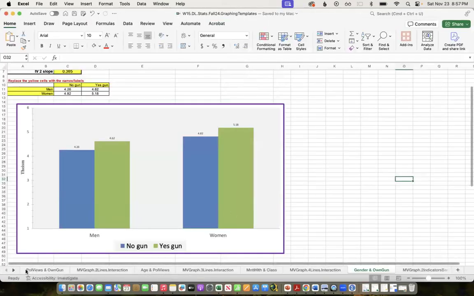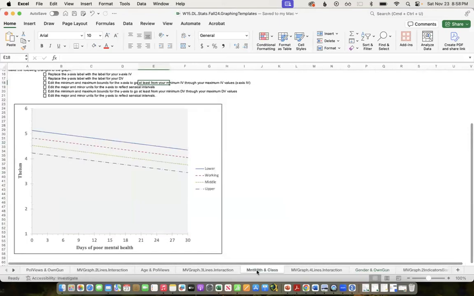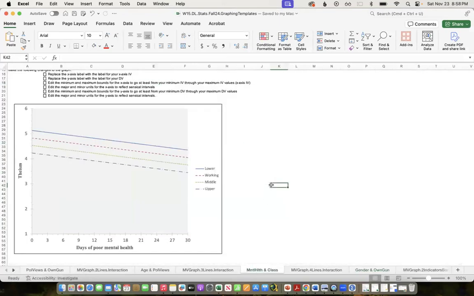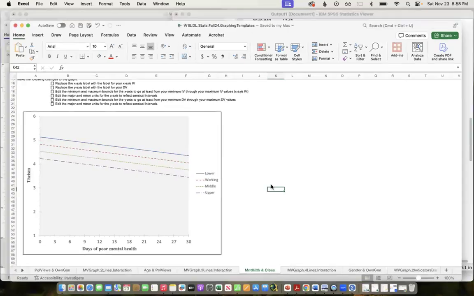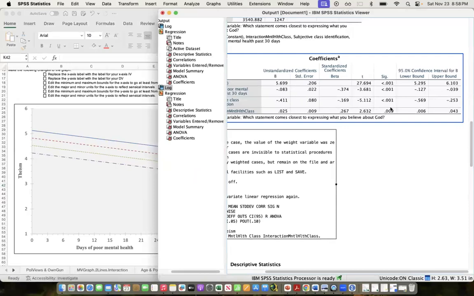So first, this one was mental health and class. This is what it looks like without the interaction. What we know also from this output is that the interaction was significant, meaning that considering the interaction of mental health and class does improve our predictions of theism compared to not.